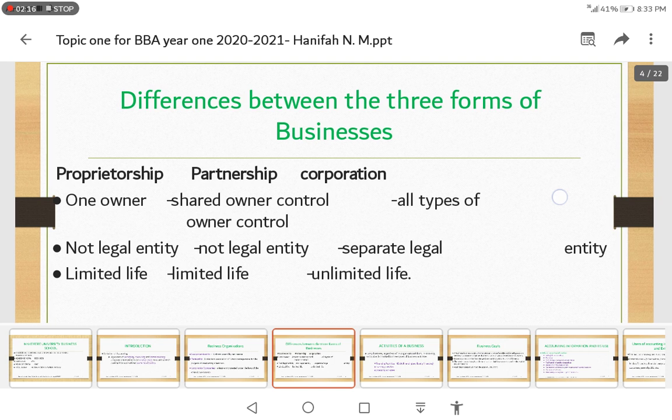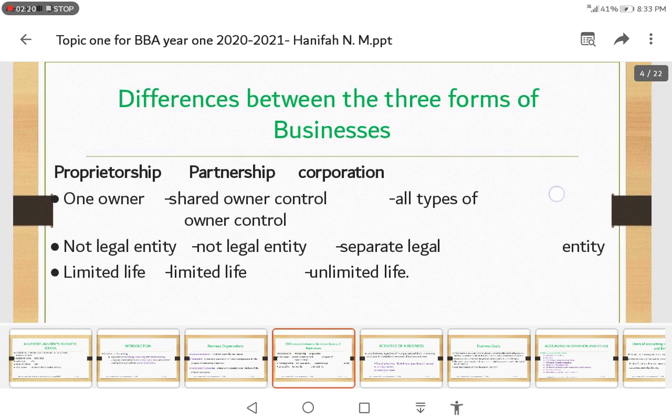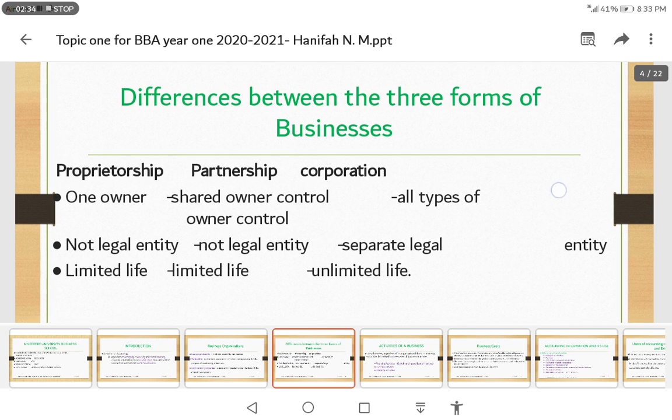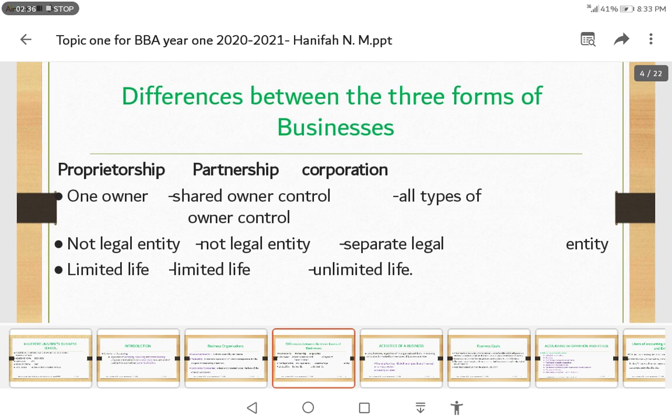Then with partnership, there is shared owner control. Two, there is still no separate legal entity. Three, limited life. Then with corporation, there is a separate legal entity, and there is also unlimited life.